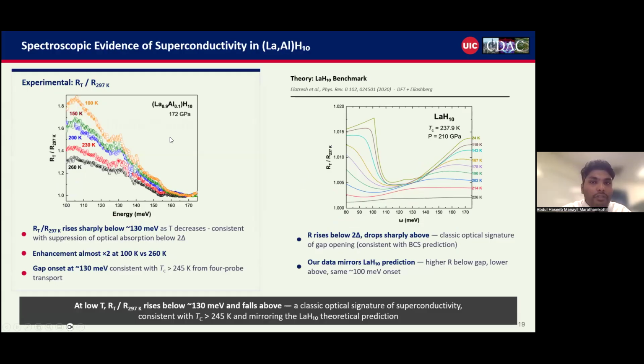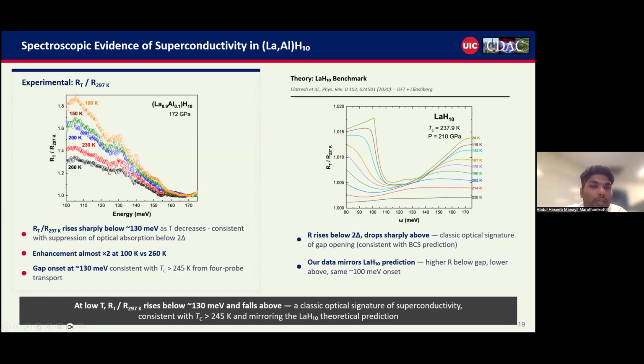So now here is the normalized data, and this is where the physics becomes clear. On the left, we have R(T) over the room-temperature reflectance versus photon energy for the lanthanum aluminum H10 at around 172 GPa at temperatures from 260 to 100 Kelvin.